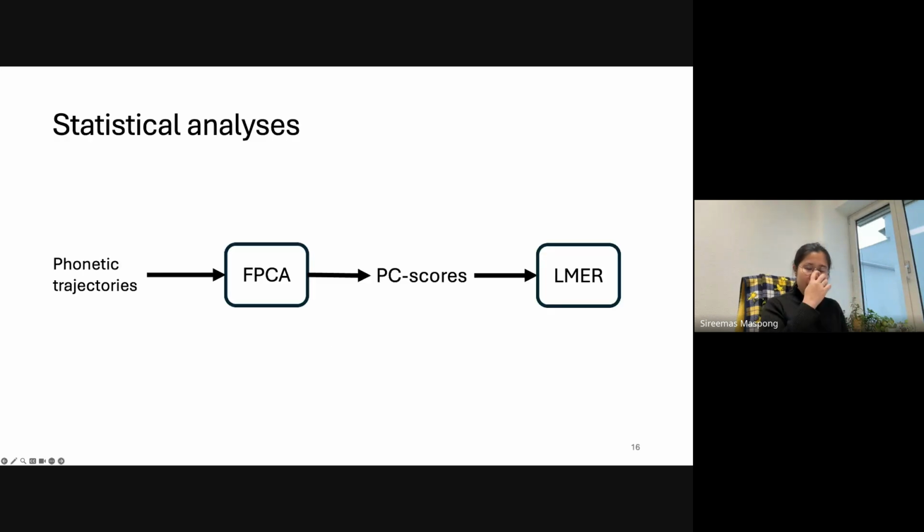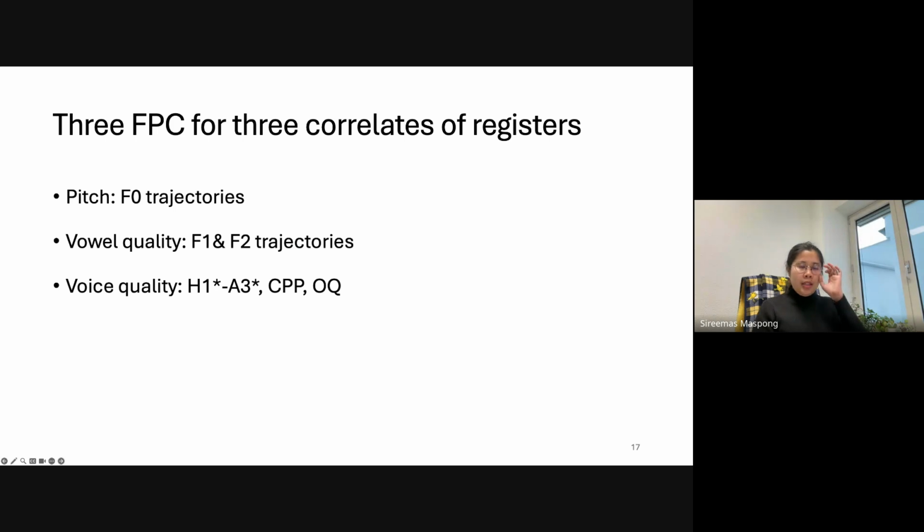With these trajectories of the measurements, we fit them using FPCA, or functional principal component analysis. We're not going to go into details here, but FPCA is a curve fitting technique that gives you scores, which we call PC scores, that represent the shape of the trajectories. We fit three correlates of register.